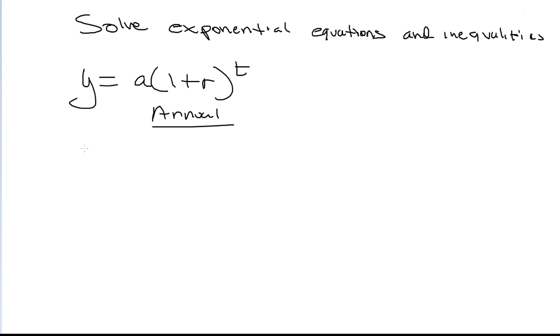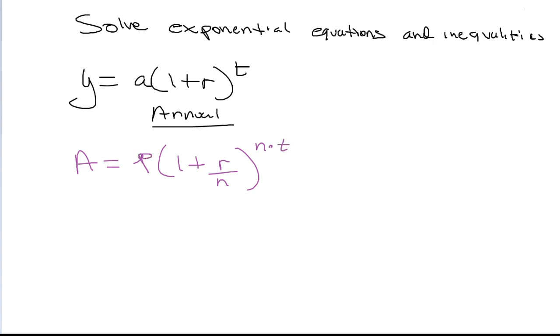Sometimes, however, an amount that you invest, or especially credit cards, can be compounded more than once a year. They can be compounded monthly, which would be 12, quarterly, 4 times, or twice a year, 2. And so for that we use a different formula. We use A equals P times 1 plus r over n, all that to the n times t.